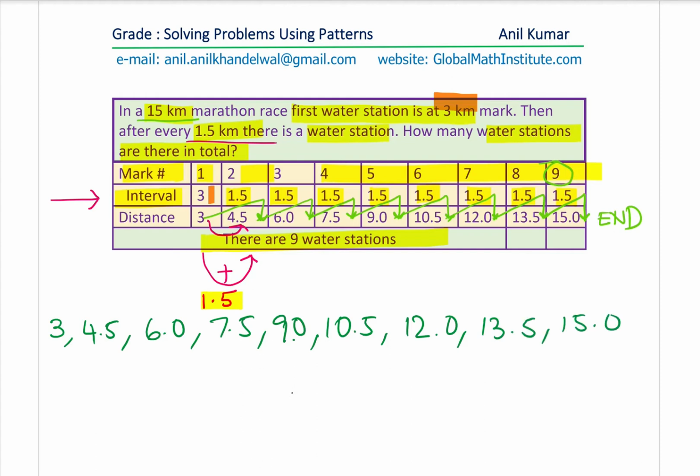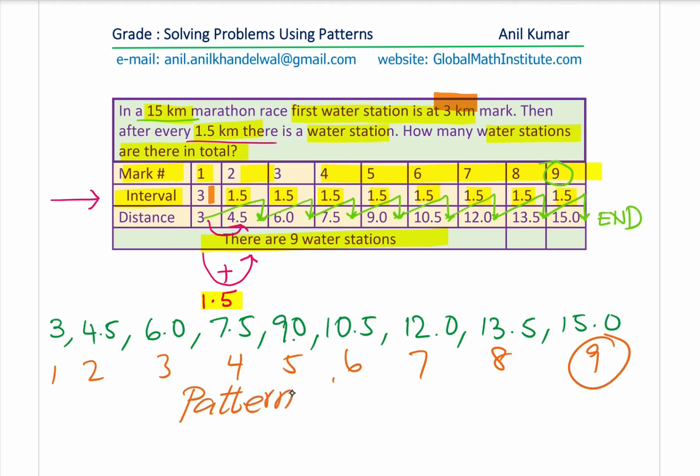So you can count how many water stations there are. Number 1, 2, 3, 4, 5, 6, 7, 8, and 9. So the last one is the ninth water station. That is another way of doing it. This is what we call using pattern rules. Do you understand the strategy now? So we are following two strategies here. One, you can make a pattern. The other one, which we did here, is called a T-chart.